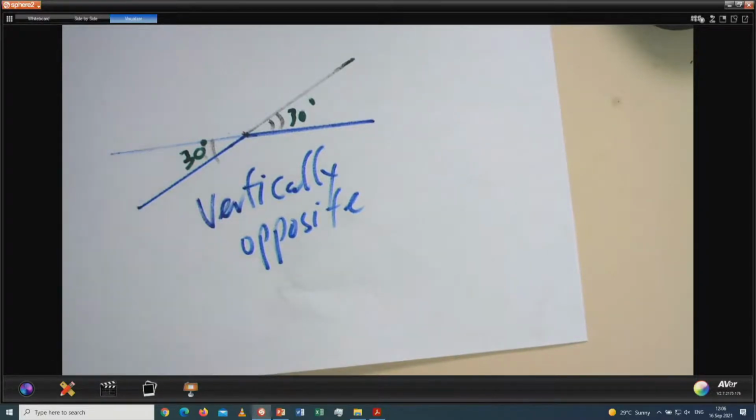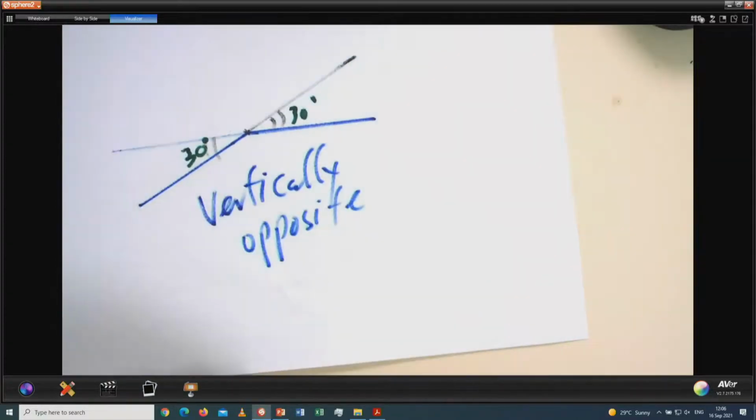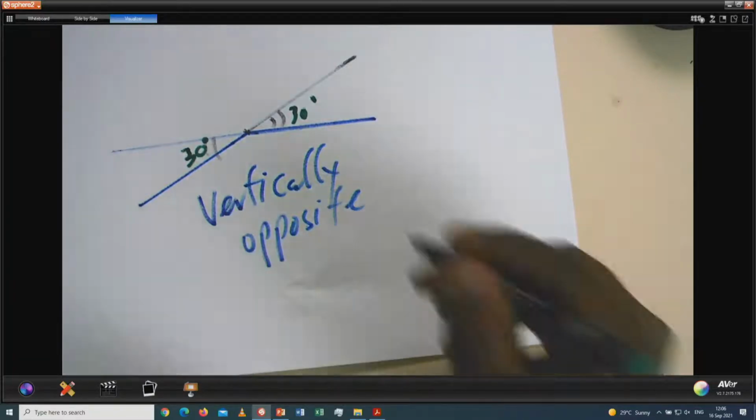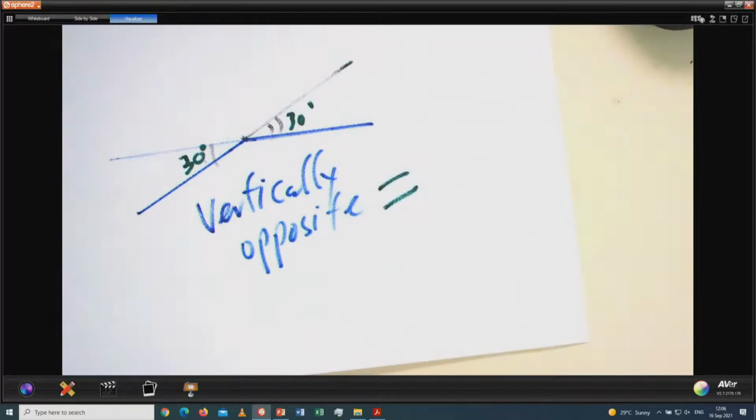These angles are vertically opposite angles, okay? So what can you say? What do you see? Vertically opposite angles are equal. Yes, you are right. Vertically opposite angles are equal.